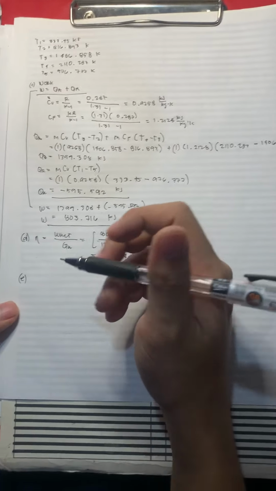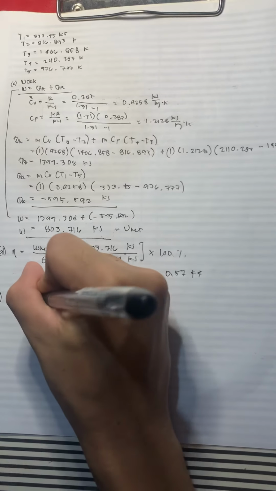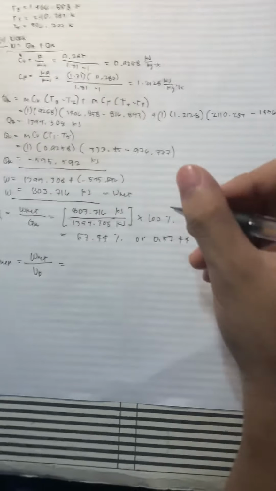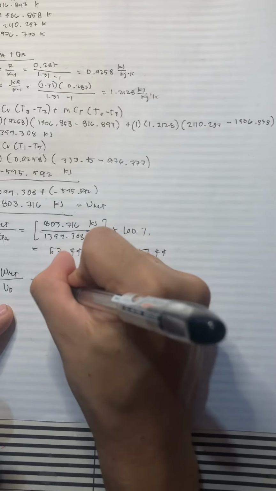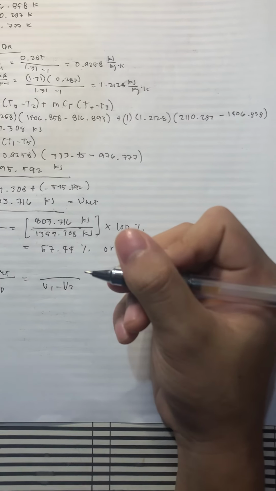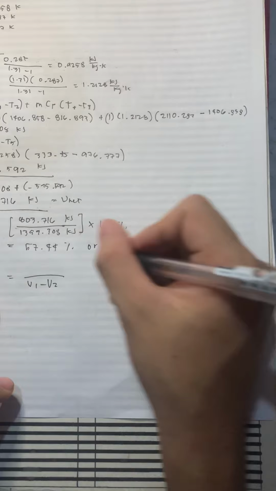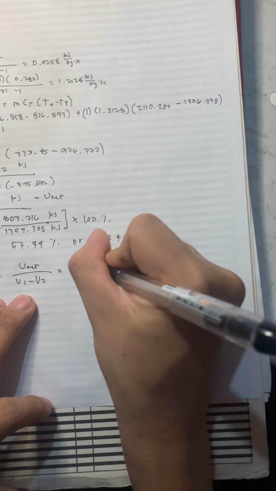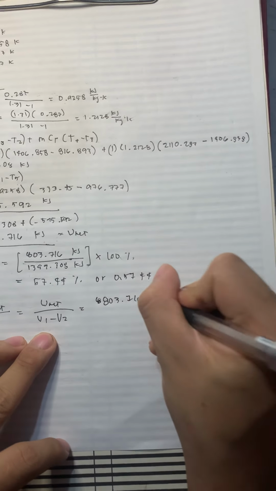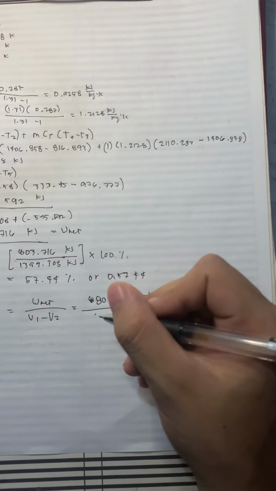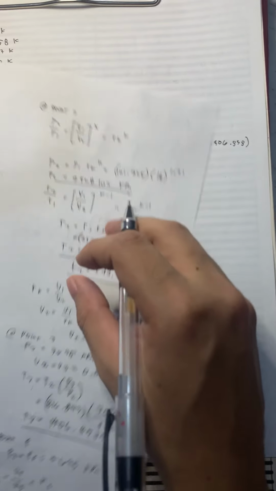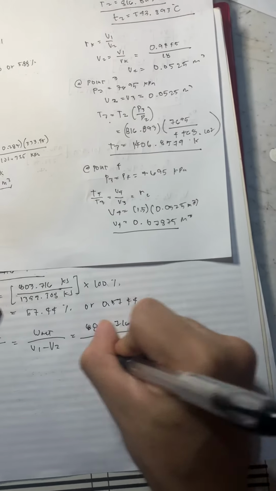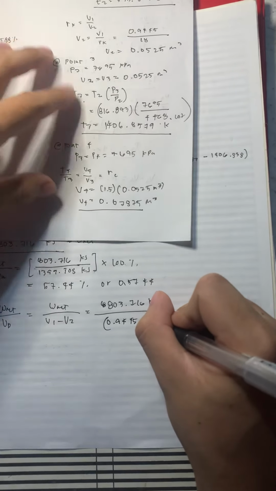Now it's the mean effective pressure. The formula for this is work net over VD, and VD equals V1 minus V2. So 803.716 kilojoule over V1, which as we can see here is 0.9445, minus V2.